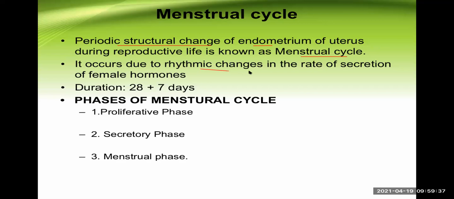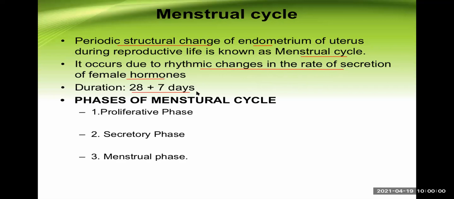It occurs due to rhythmic change in the rate of secretion of female hormones, especially estrogen and progesterone. And the duration is 28 days plus or minus 7 days. Sometimes it may occur in 35 days, sometimes even longer than that, sometimes even less than 28 days. So there are different abnormalities of the menstrual cycle.